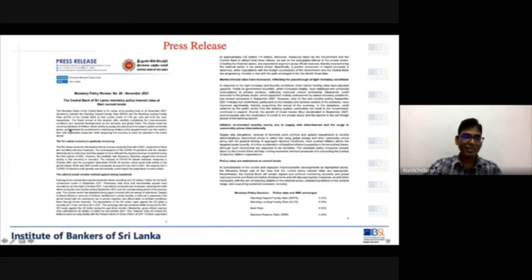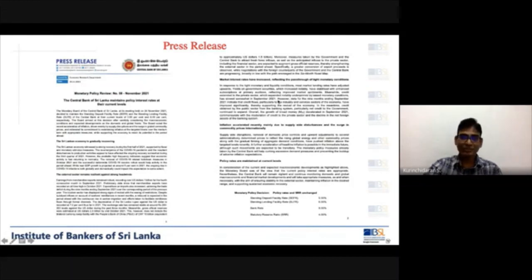There's an introductory paragraph, and then the observation that the Sri Lanka economy is gradually recovering, which is about the local economy. Then we also talk about the external sector remaining resilient against strong headwinds. So you can see the explanations there. Then we talk about market interest rates having increased or what has happened within the market.